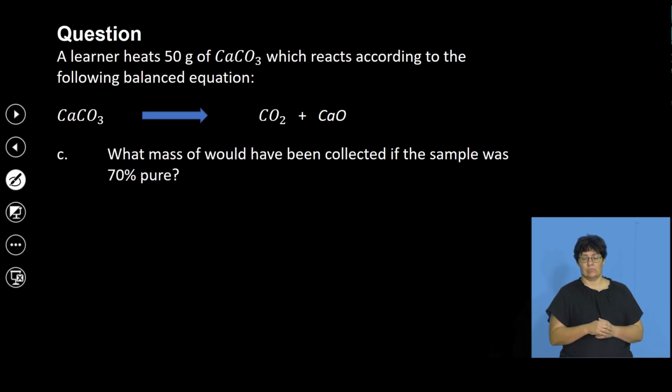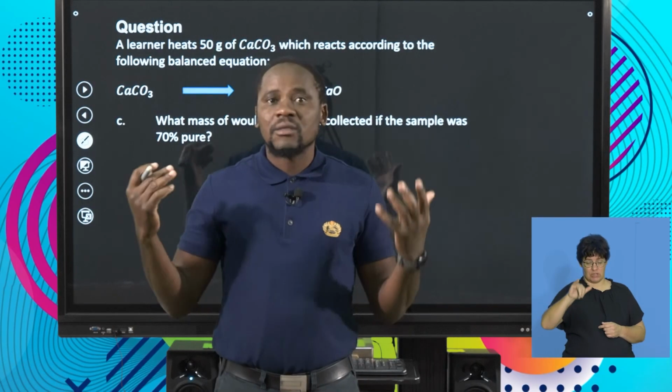Now, the question goes further and says, what mass would have been collected if the sample was 70% pure? Now, if it was 100% pure, we would have expected 22 grams. So we can use a stoichiometric ratio. This is more of a question that involves ratio and proportion.